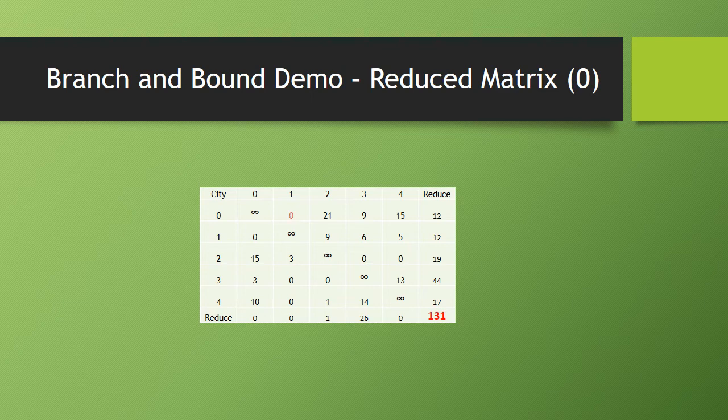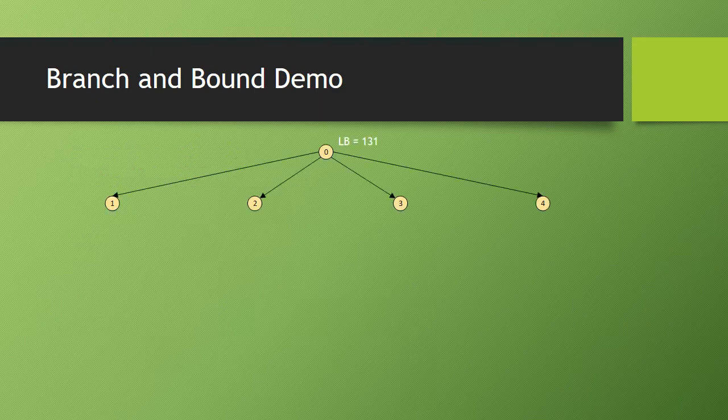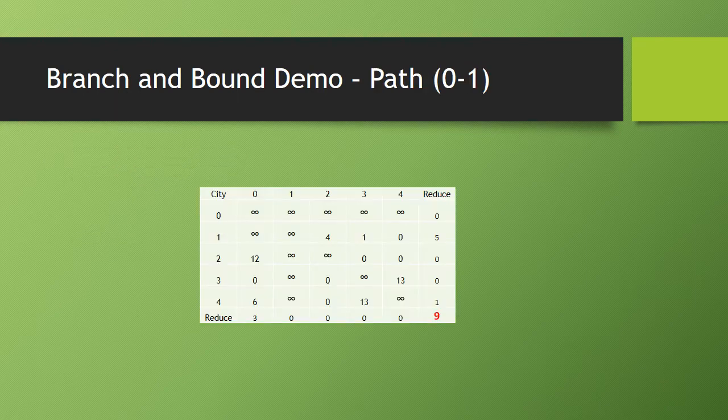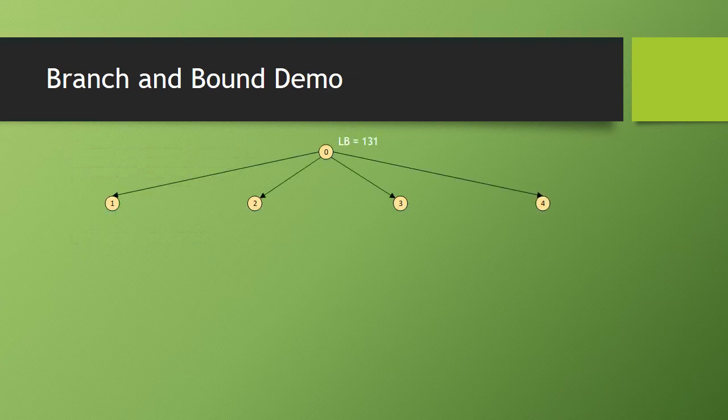And then we add our lower bound, which is 131, and then our new reduction, which is 9, and that gives us a new lower bound estimate of 140. So we go to our tree and we add the lower bound estimate for 0 to 1 as 140.